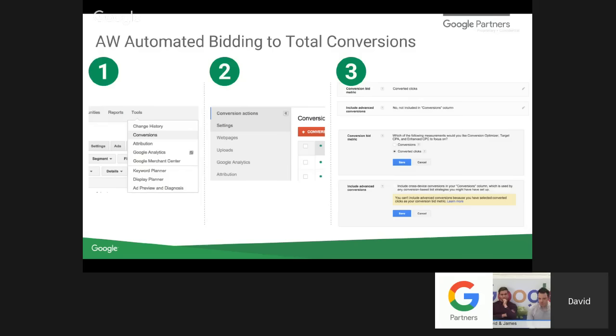So, given this confidence level that the system has in surfacing this data, you can now instruct AdWords to incorporate cross-device conversions into your main all conversions reporting columns. And in addition, have AdWords use this additional conversion data in any automated bid strategies that you may have running to optimize any of your campaigns.